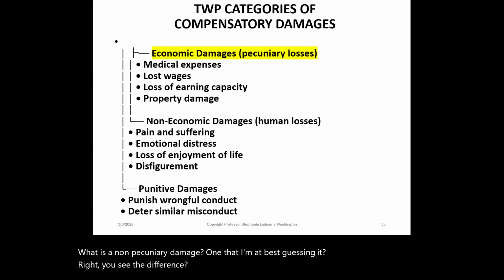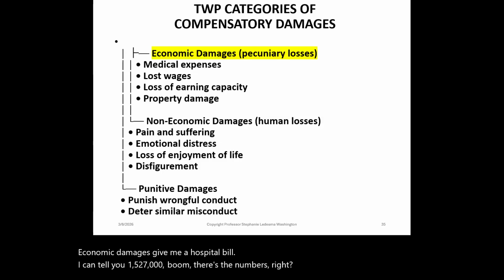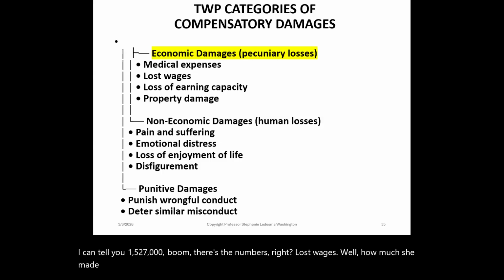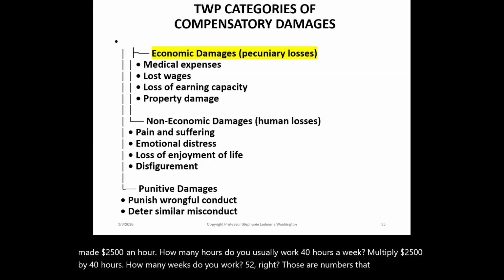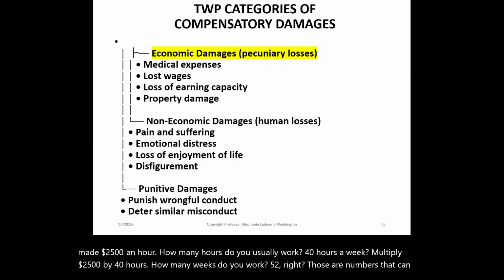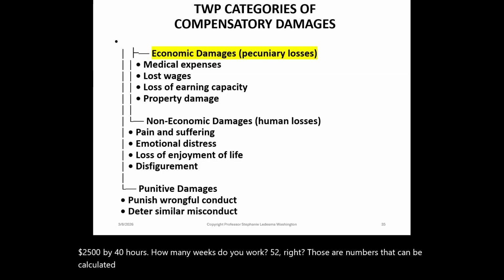Economic damages, give me a hospital bill. I can tell you $1,527,000. Boom, there's the numbers, right? Lost wages. Well, how much do you make? $2,500 an hour. How many hours do you usually work? 40 hours a week. Multiply $2,500 by 40 hours. How many weeks do you work? 52, right? Those are numbers that can be calculated with what I'm going to call real numbers.